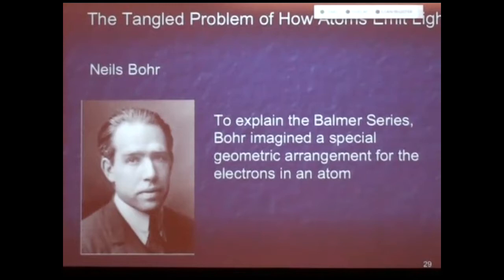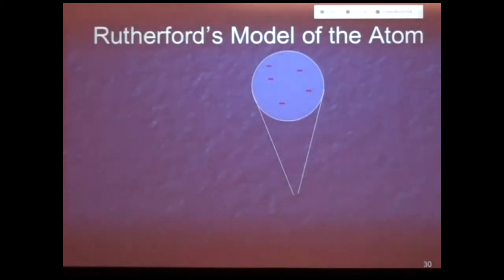This was figured out by the Danish scientist Niels Bohr, and this was all around the time of, just before the Second World War, 1940s or so. Niels Bohr tried to explain the Balmer series by imagining, remember that leftover problem of Rutherford, Rutherford's model of the atom: you've got the mass and you've got the charge, the plus charge and the minus charge.